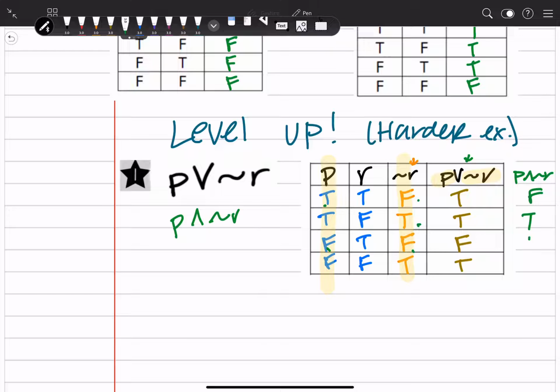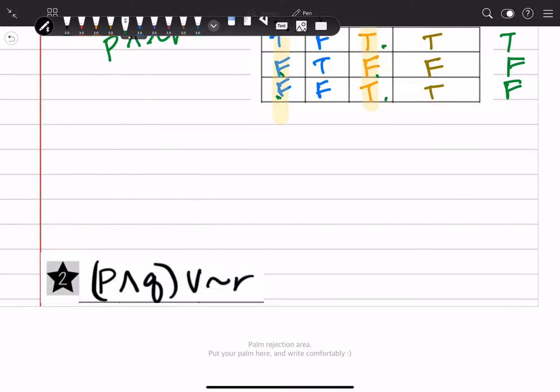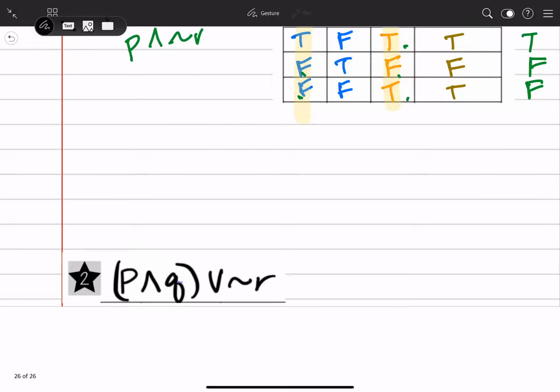False, false, nope. And notice it's almost kind of the opposite of what we did for the disjunction, but not quite. So don't pretend that, oh well, and and or are opposites. No, that's not how this works. Negations are the only opposites you're going to be working with. All right, here's the next one.